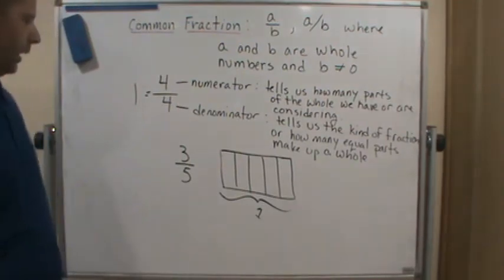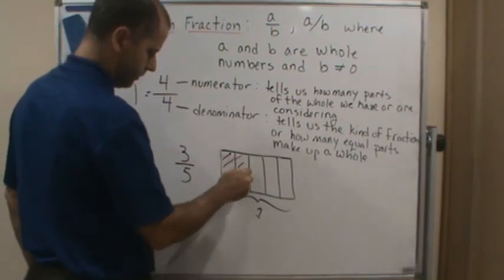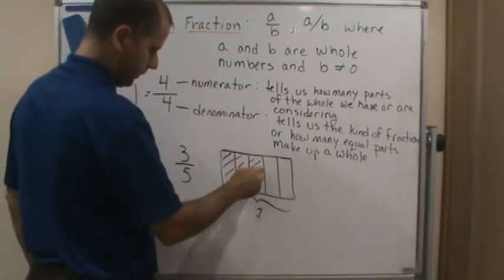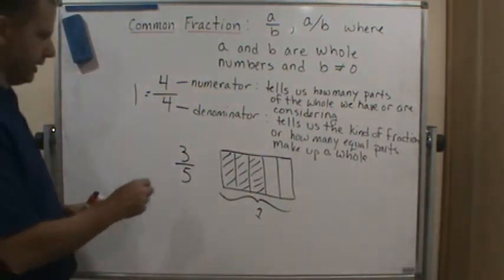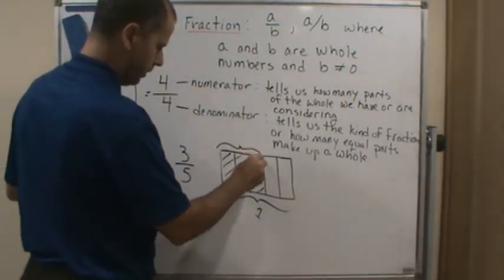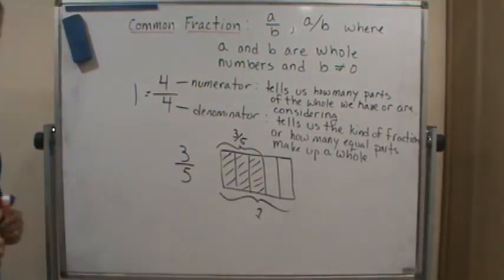If I'm talking about 3/5, then I'm going to shade in 3 of the 5 pieces. And so this here represents 3/5 of the whole. So that's one way of looking at fractions.